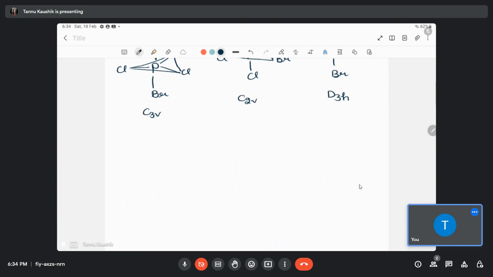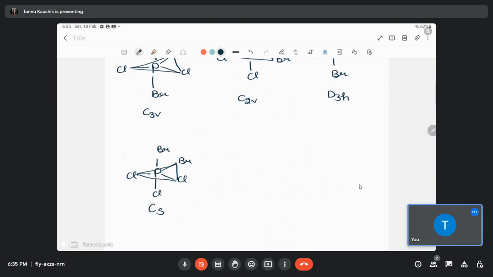And if you substitute one axial chlorine atom and one equatorial chlorine atom, you will get CS point group.